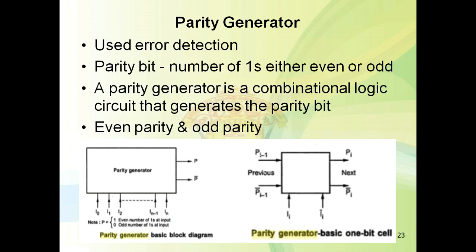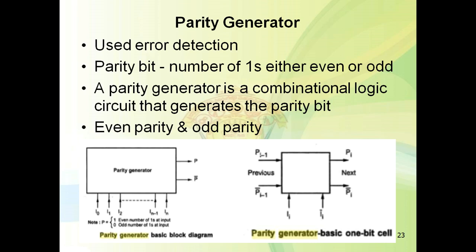You know the parity generator; we have discussed already how to detect errors. For detection of errors we require parity, a simple technique. The technique used is a parity bit. We have to add the parity bit along with the data bits.